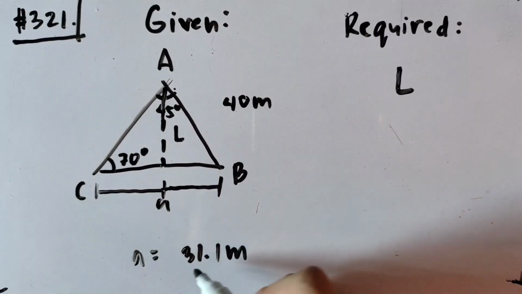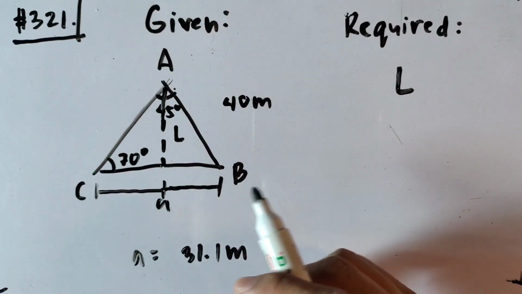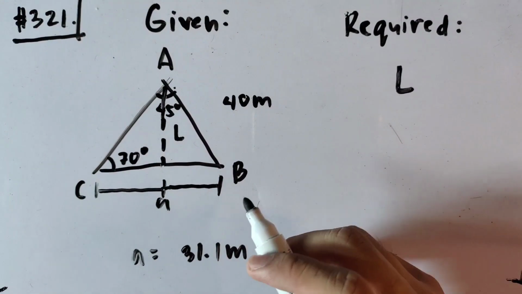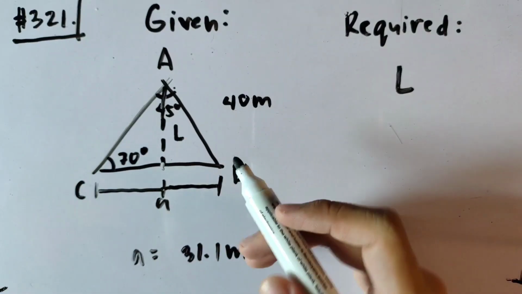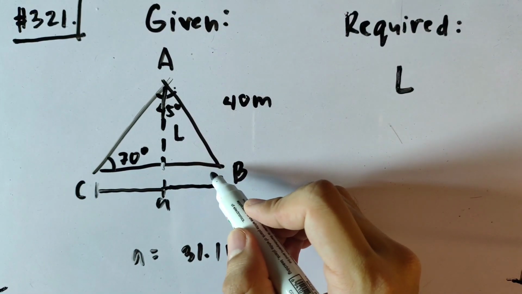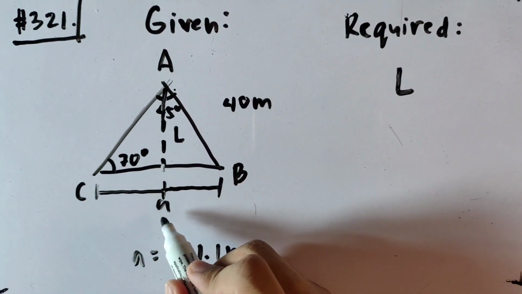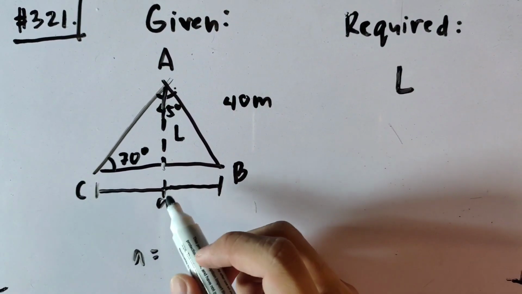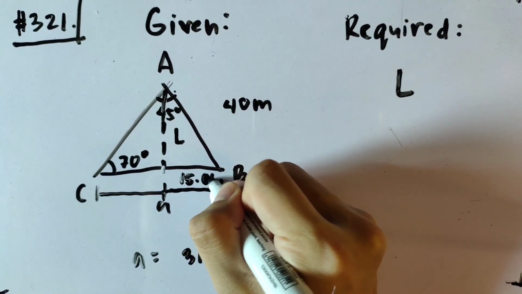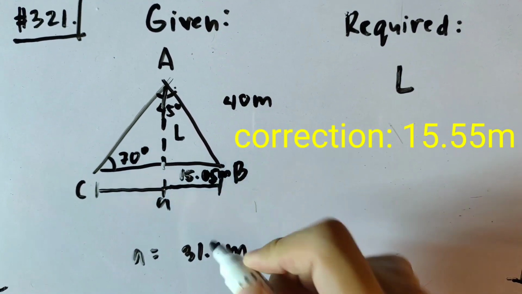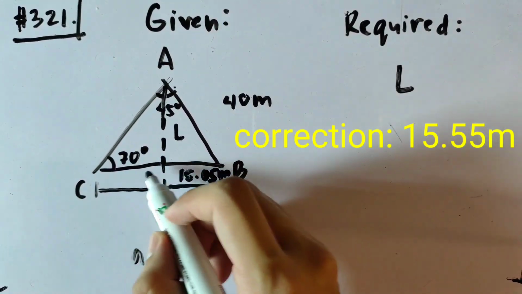So ngayon, dahil meron na tayong length ng side A, pwede natin i-divide into two triangles ito, at malalaman natin yung length ng third side na mabubuo. So since 31.1 meters ito, pag i-divide mo yan ng 2, meron tayong 15.05 meters. Yun ang length ng kalahati nito.